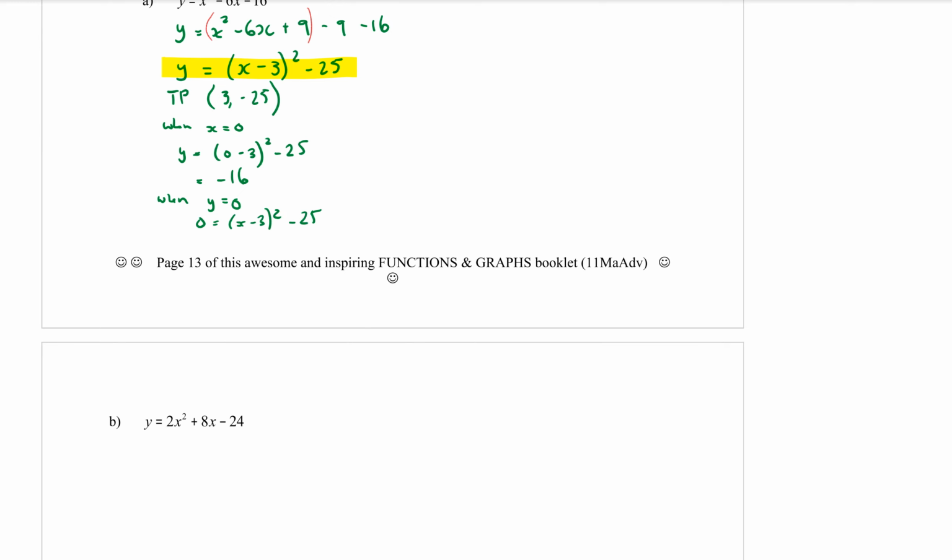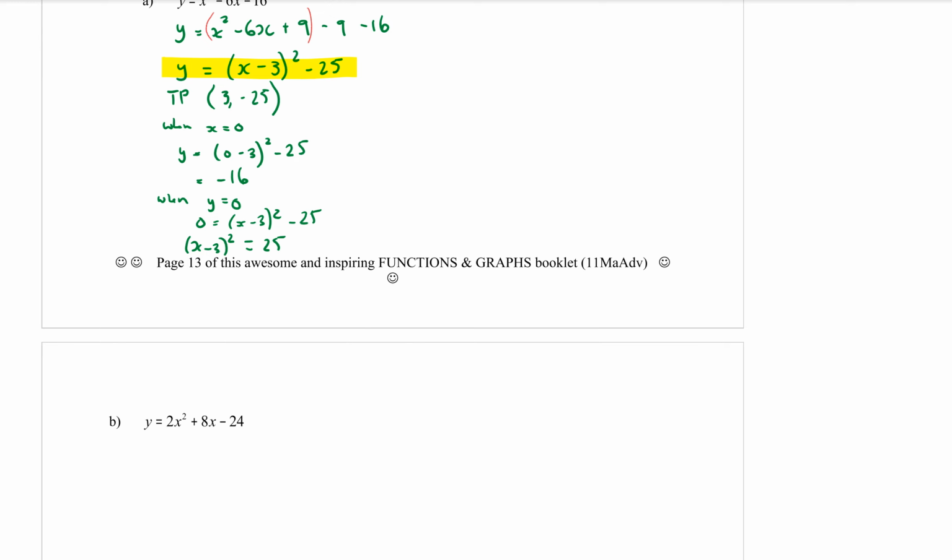Now don't expand that all back out again to try and find x. Having it factorized is going to make it easier for us. We want to move everything away from that x. So first of all, the 25. X minus 3 in brackets squared, it'll become a positive 25. Then you will square root to get rid of the squared.